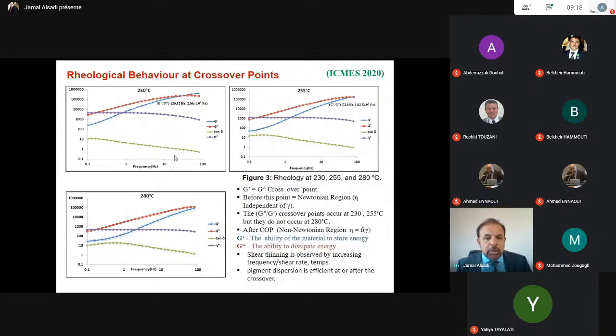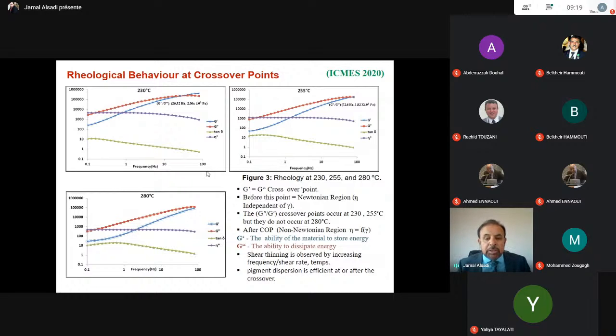G prime and G double prime and the crossover point at the three temperatures did not occur at 280, as you see here. This is the result I got from the graph. The crossover point shows non-Newtonian behavior after it, so shear thinning is observed by increasing the frequency.